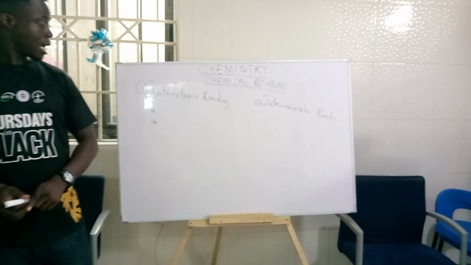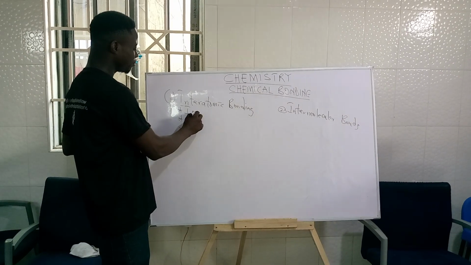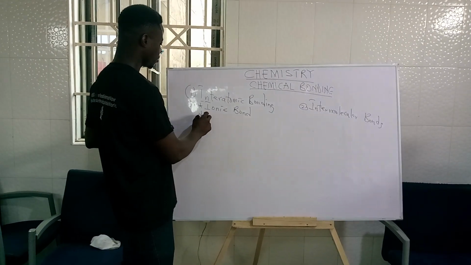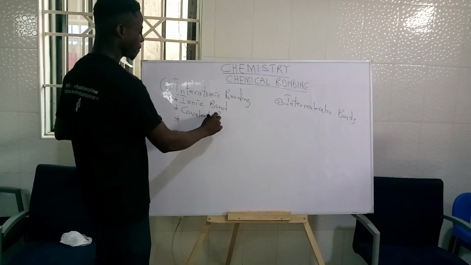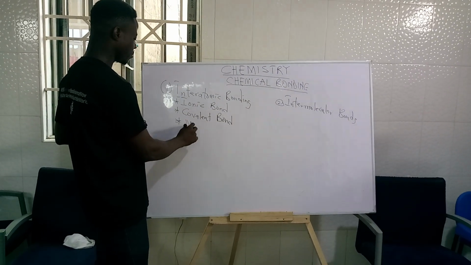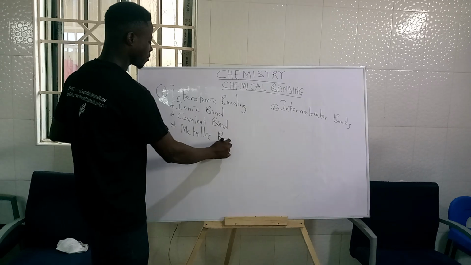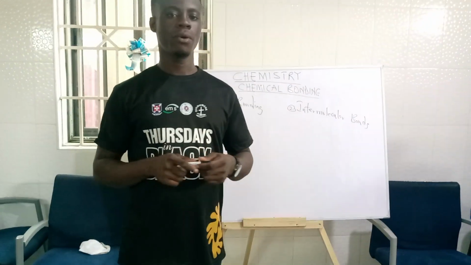Under the interatomic bonding, we have what we call ionic bond, so these are the various types of interatomic bonds.